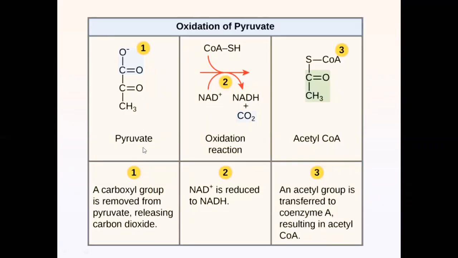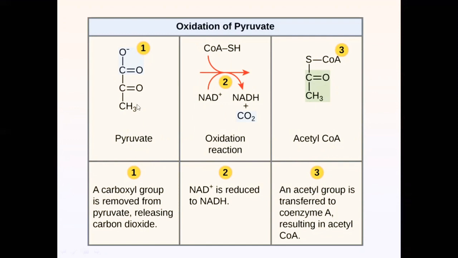In this pathway, pyruvate, a 3-carbon molecule, has its carboxyl group removed in the form of carbon dioxide. Then pyruvate is converted into acetyl-CoA, which is a 2-carbon molecule.